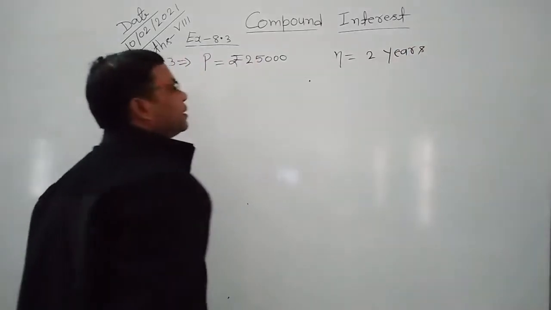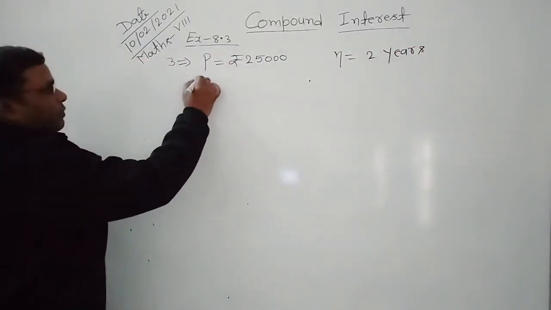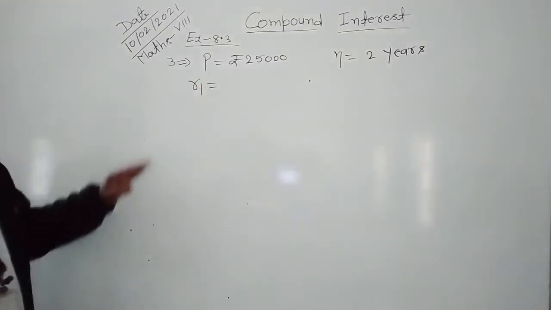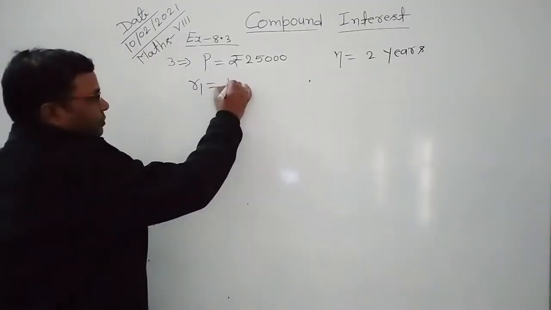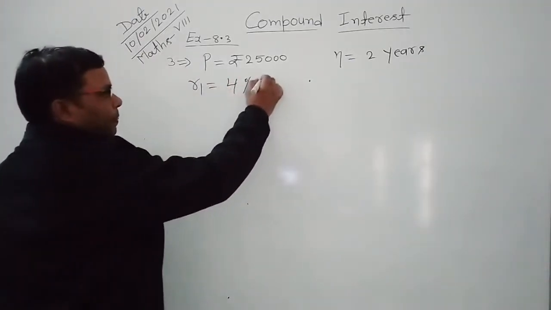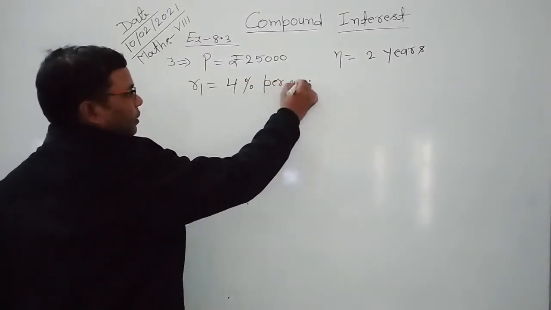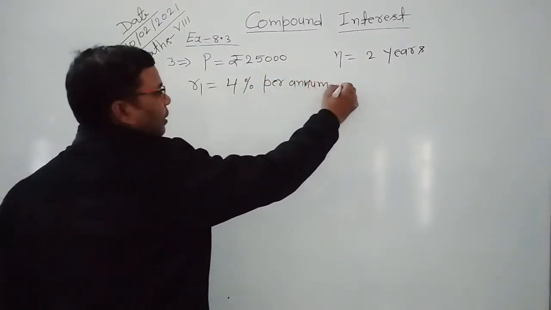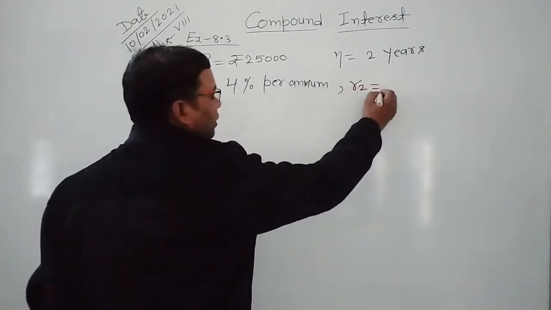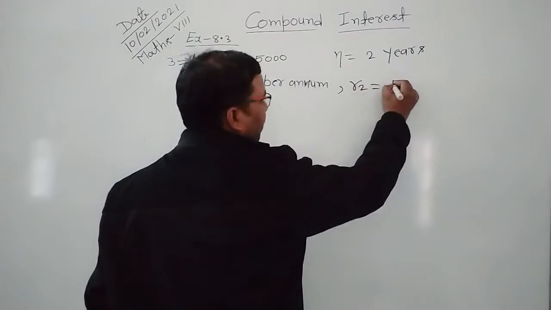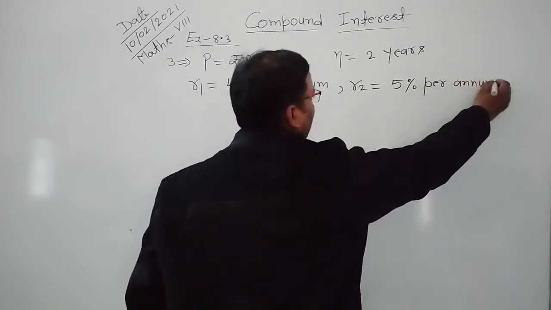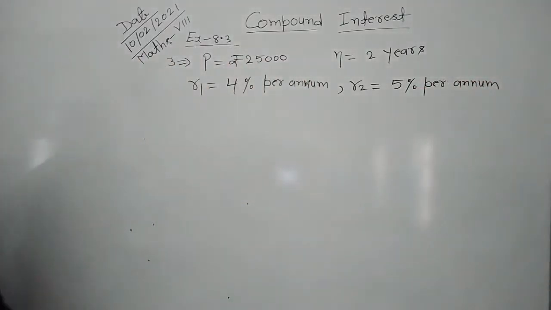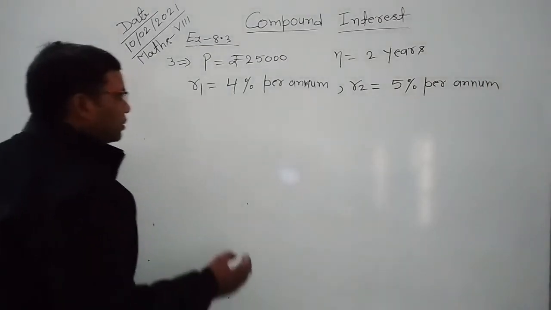Rate R1 is the rate for the first year, given as 4% per annum, and R2 represents the rate for the second year, which is 5% per annum.